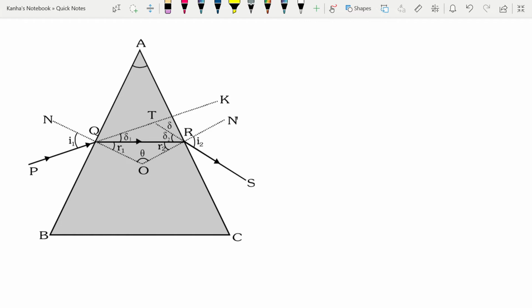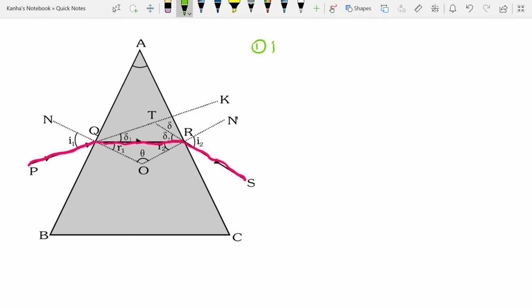Let's talk about several things from here. First of all, PQ is your incident ray, QR is your refracted ray, and RS is your emergent ray. I'll mark them quickly with another pen.